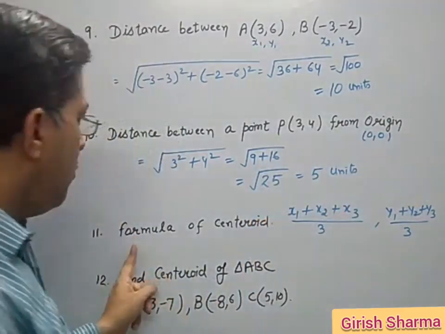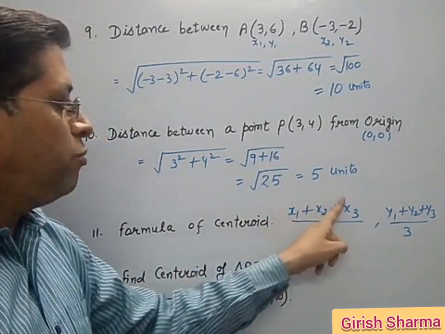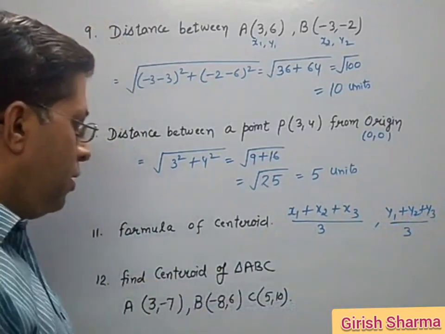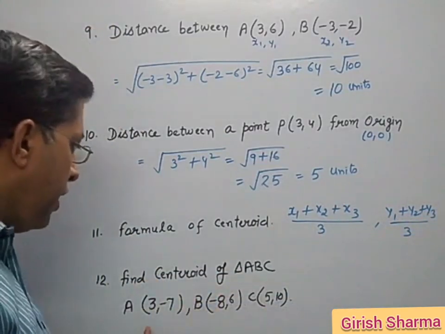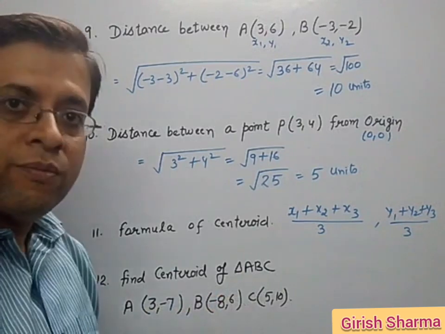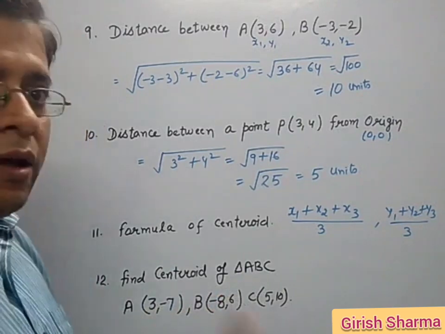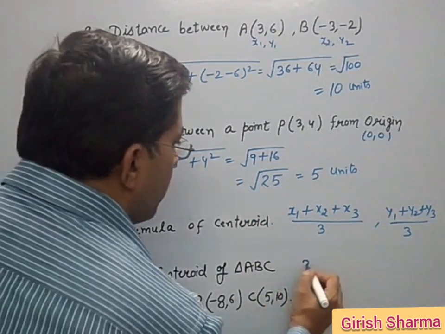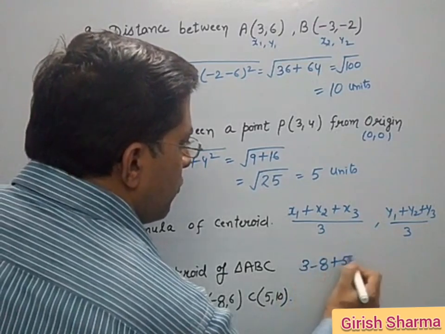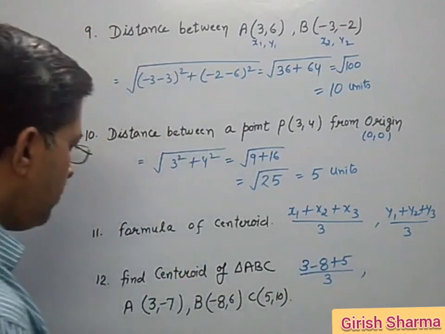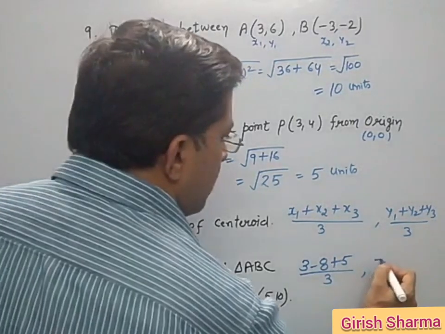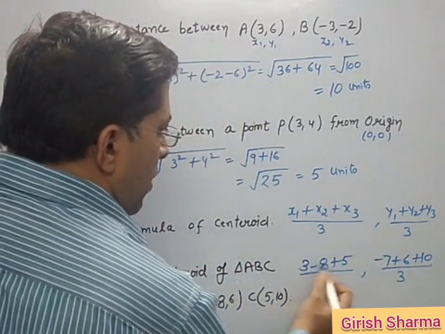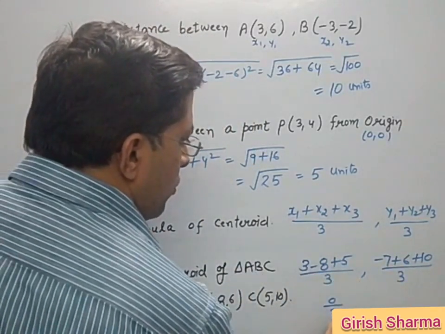Isn't it? Come on. Formula of centroid: (x1 plus x2 plus x3) upon 3, (y1 plus y2 plus y3) upon 3. Then find the centroid of the triangle whose vertices are given. Then what will be the centroid? (3 minus 8 plus 5) upon 3, comma, (minus 7 plus 6 plus 10) upon 3. 5 plus 3 is 8, 8 minus 8 is 0, upon 3.